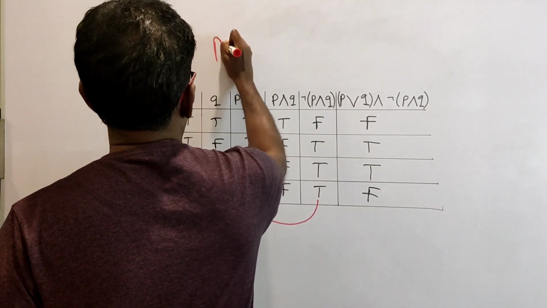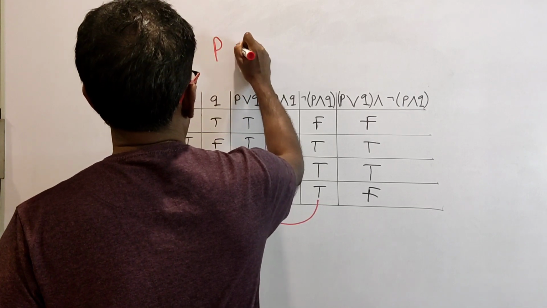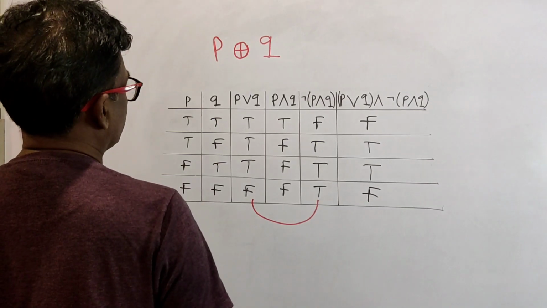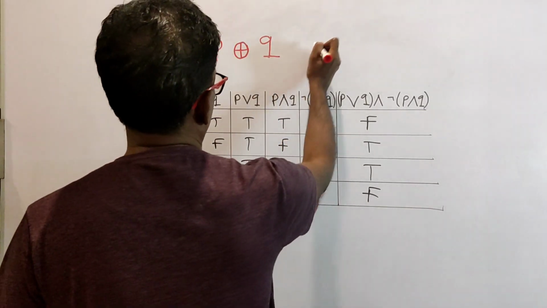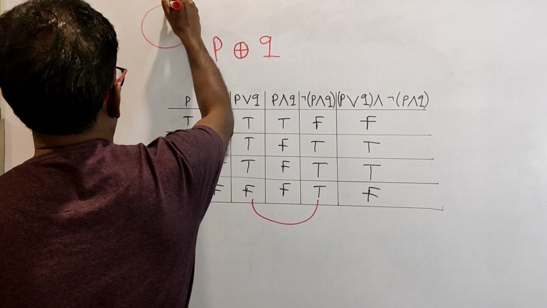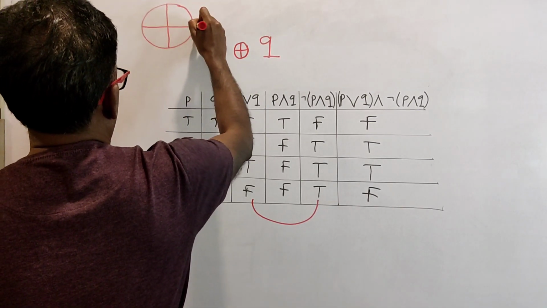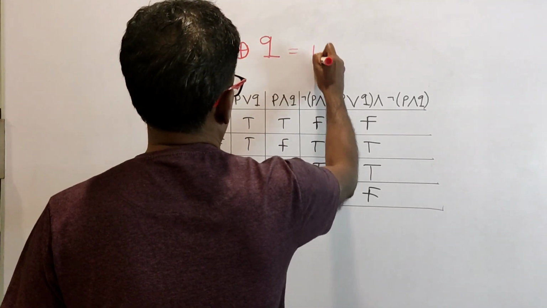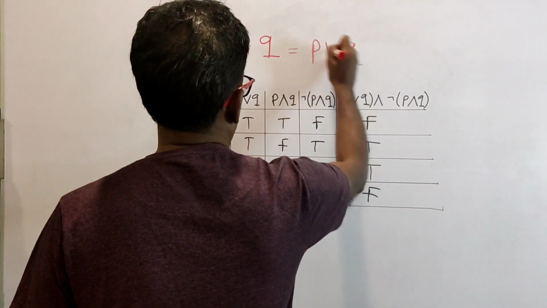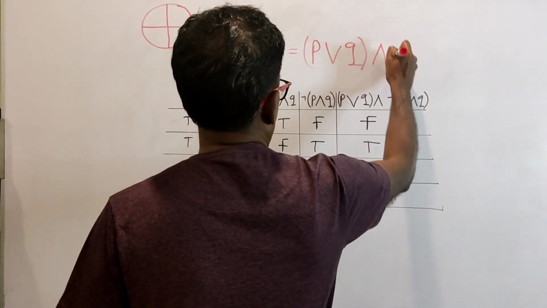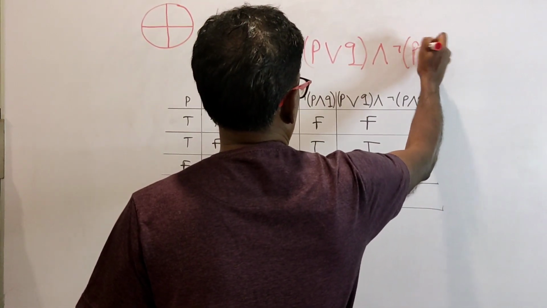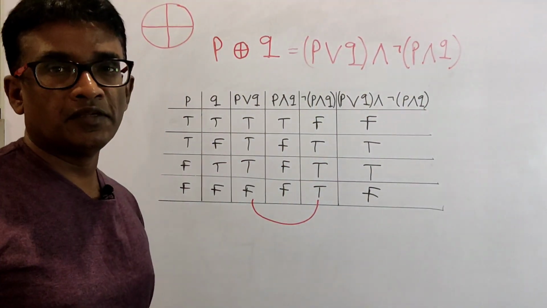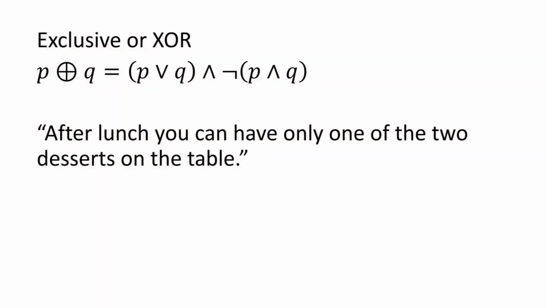It is something like this. This means exclusive OR. Okay, this is the symbol. So this means P or Q and not P and Q. That's what it means.